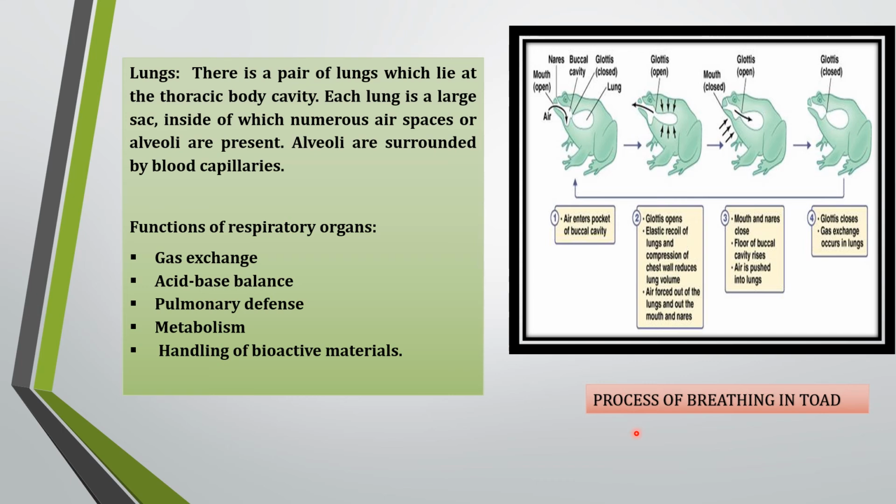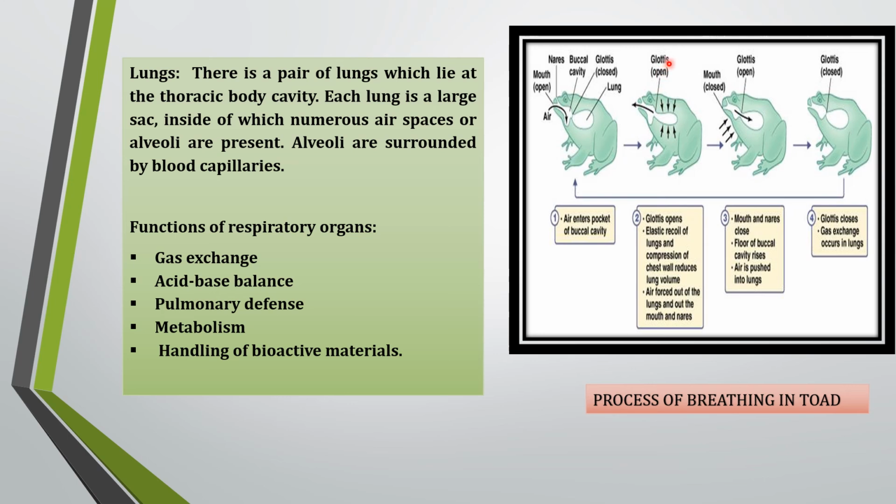Now one more thing here I have shown, that is process of breathing in toad. This is the process of breathing in toad. First one is, see, air enters in the buccal cavity. See the arrow, you will understand. Air enters. These are external nares, mouth, buccal cavity, glottis, which is closed now, and this is lungs.